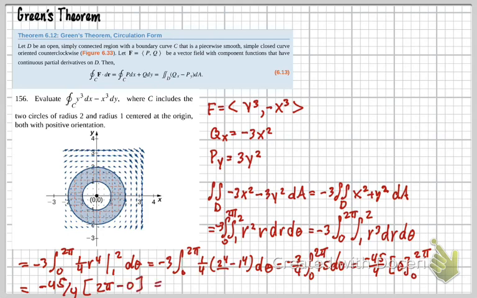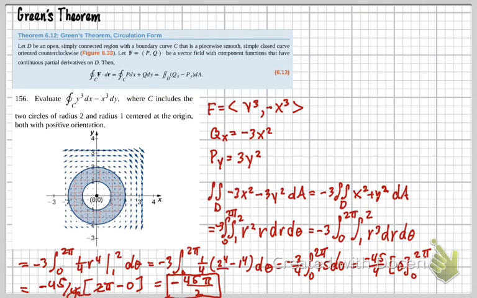So this is going to end up canceling with one of those, so I get a 2 on the bottom. So this is going to be -45 pi over 2. So there's our answer for this one. That's our answer for this one.